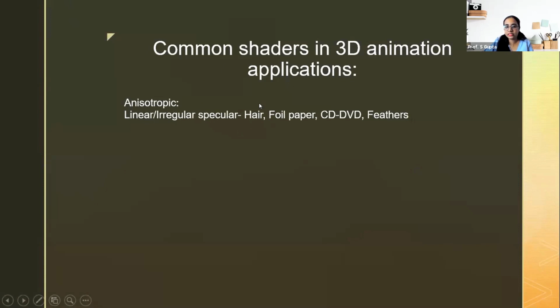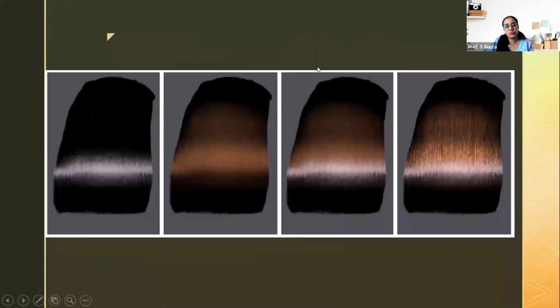And real life examples you can match it to are hair, foil paper, your aluminum foil, CDs, DVDs, even feathers. So if we have to make any of these things in the 3D software, we have to use this material to get this result, right? If I talk about hair, hair has a linear specularity.